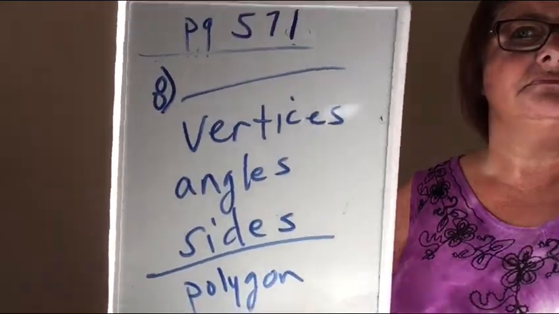Number 8 on page 571. Your answer is going to be no, because your vertices, your angles, and your number of sides in a polygon are going to be all equal.